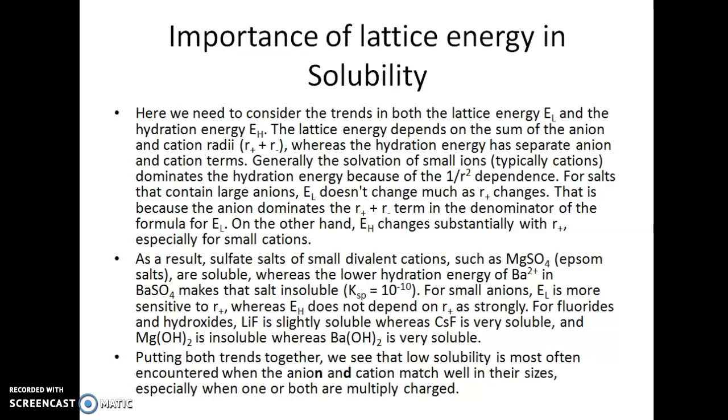So putting both together, we can see the low solubility is most often encountered when cations and anions match well in their sizes, especially when one or both are multiply charged.